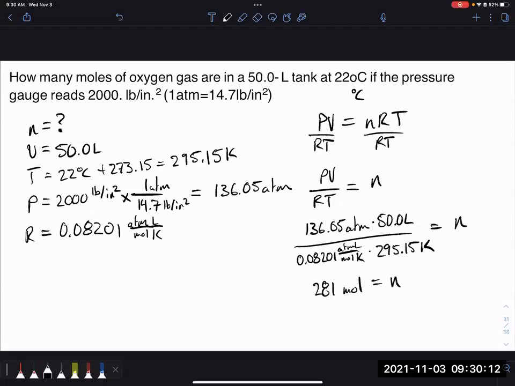It's going to be n, or moles of oxygen. It's a lot of moles of oxygen, but it's a big tank under a lot of pressure. So that makes sense.